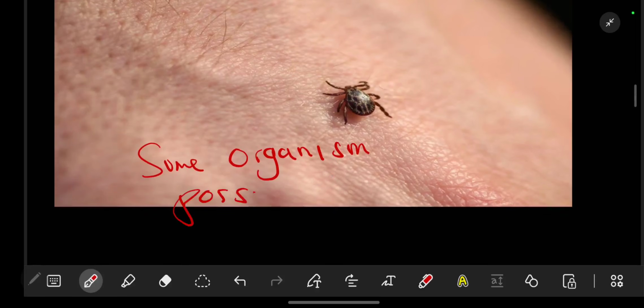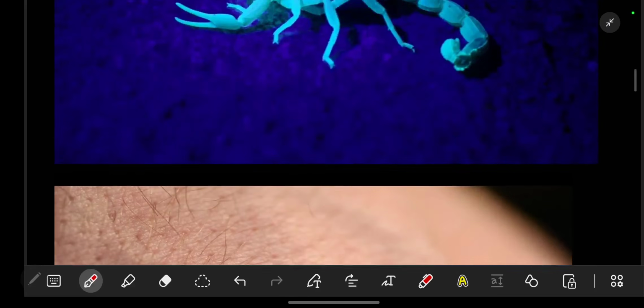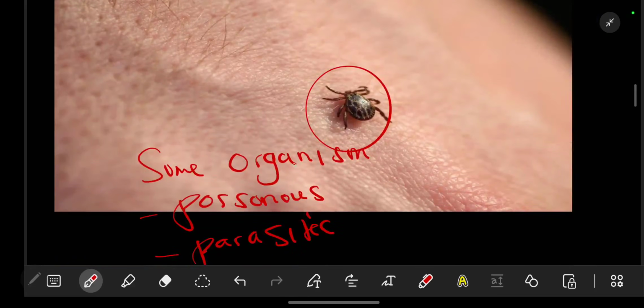Examples are spiders and scorpions. The others might be parasitic. The examples of those that are parasitic are ticks. So ticks are parasitic. As you can see, it is on the skin and it wants to be absorbing blood.